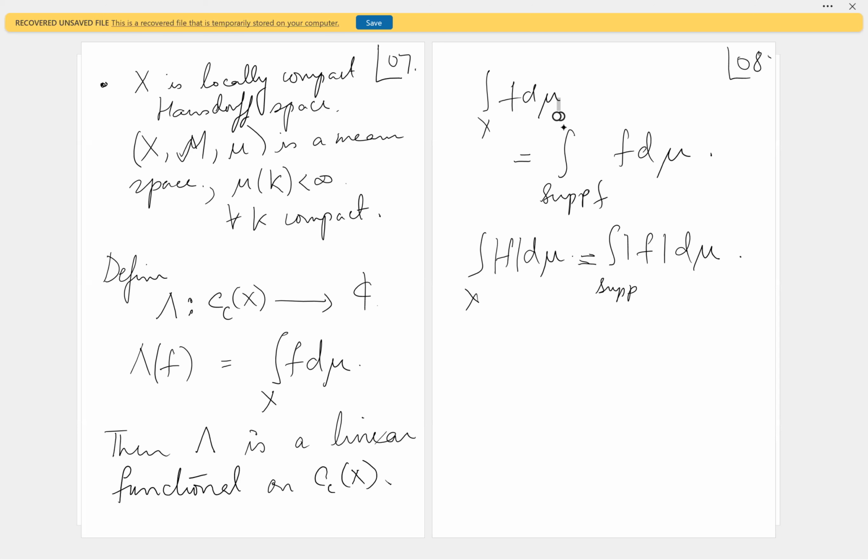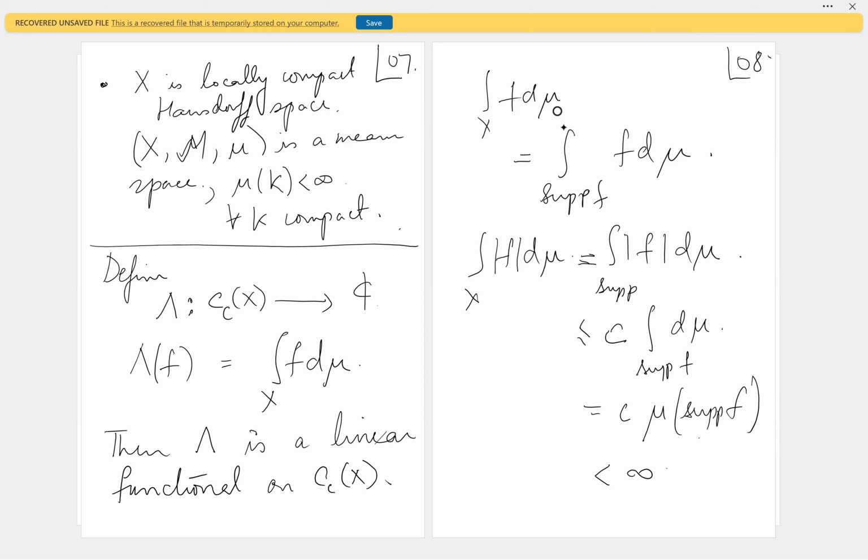So it must be bounded, isn't it? It is less than or equal to some M. And because this is compact and this is part of our hypothesis, this is finite.